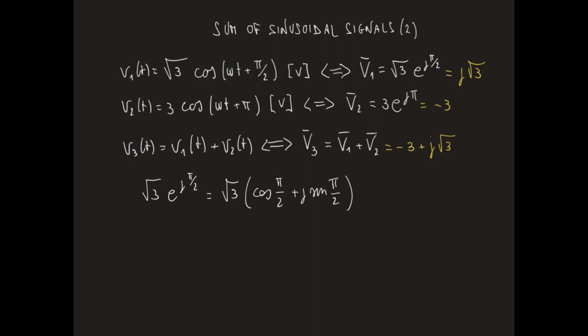Of course, the cosine of pi divided by 2 is equal to 0, while the sine of pi divided by 2 is equal to 1.